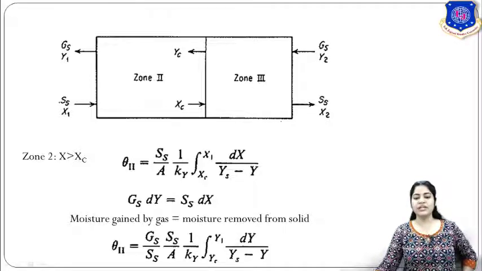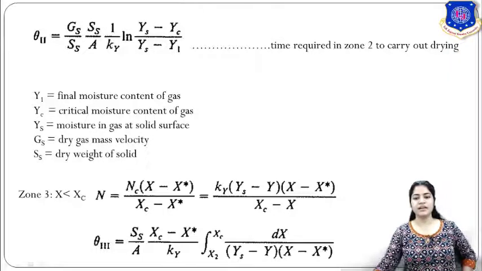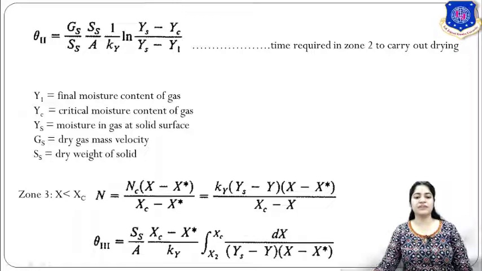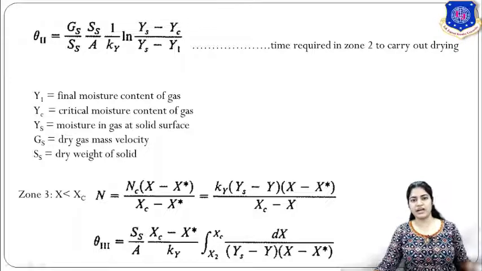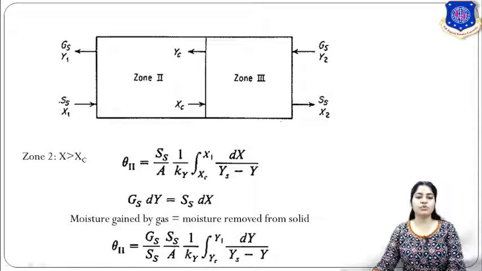Now, instead of dX in the above equation of time, you represent it as Gs dY upon Ss. Substituting the value of dX, you get the below equation. Integrating it, you get this equation as the time required to carry out drying in zone 2. Now, talking about the terms again, Y1 is the final moisture content of the gas in zone 2.